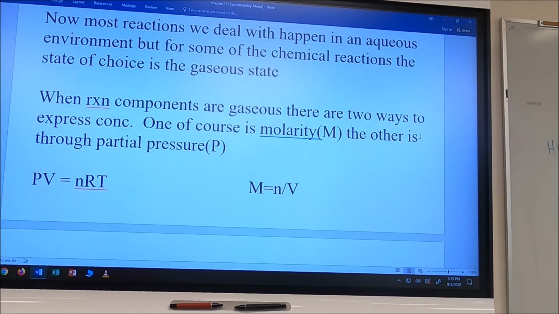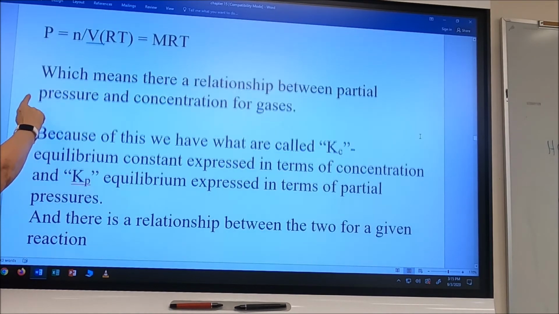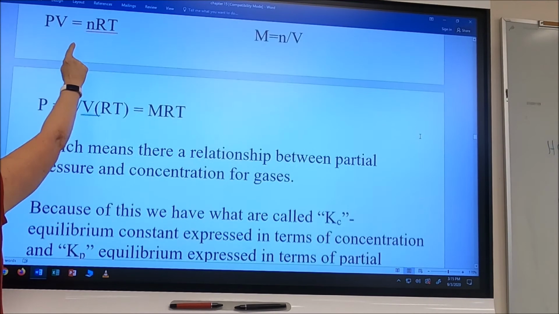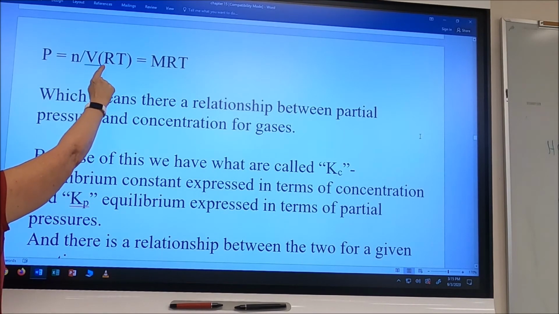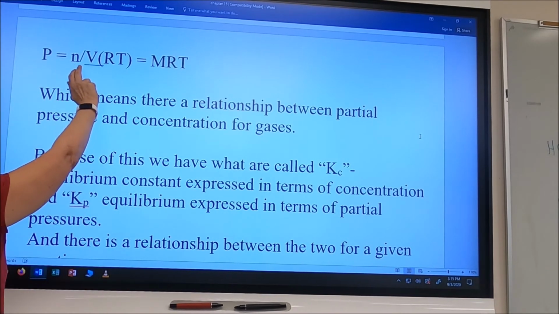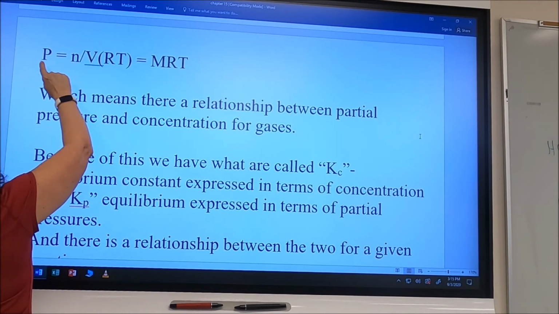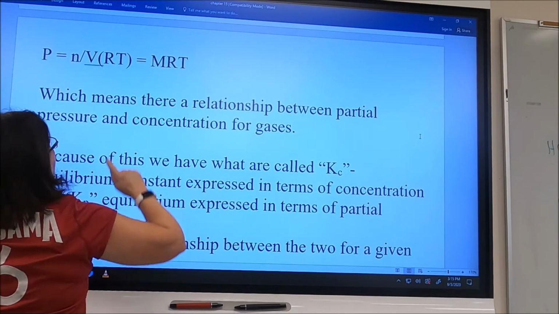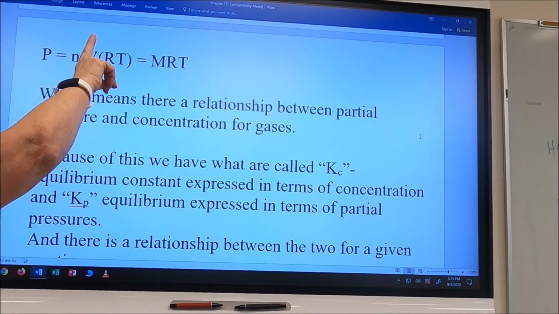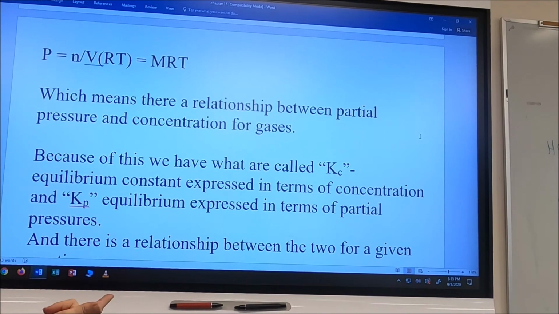Now, if I divide through by the volume and get pressure by itself, I get n divided by V times RT. I should have put some parentheses there. n divided by V is molarity. So pressure equals molarity times R times T, which means there's a relationship between partial pressure and the concentration of the gases. Namely, the higher the concentration, the higher the partial pressure is going to be.